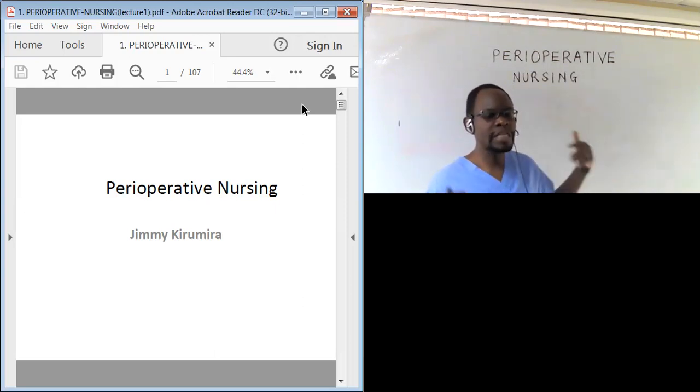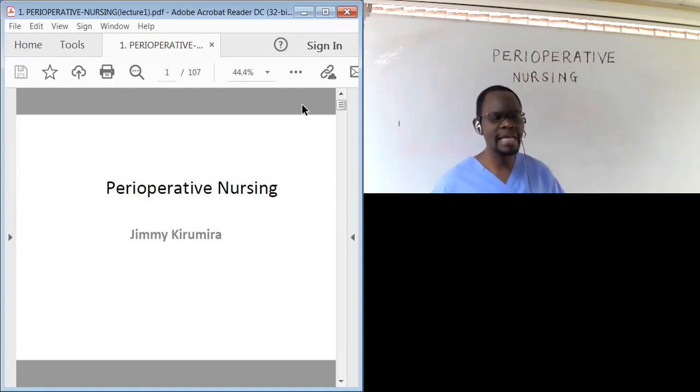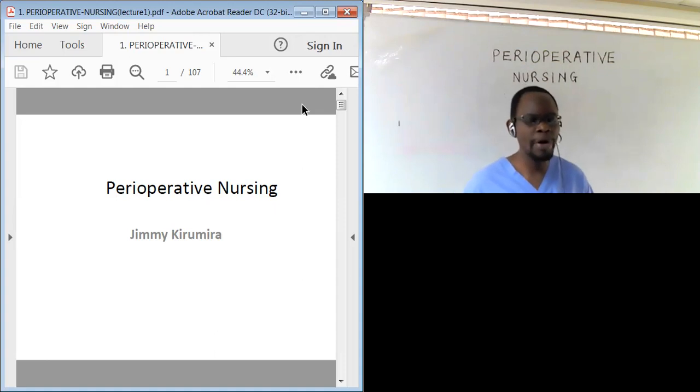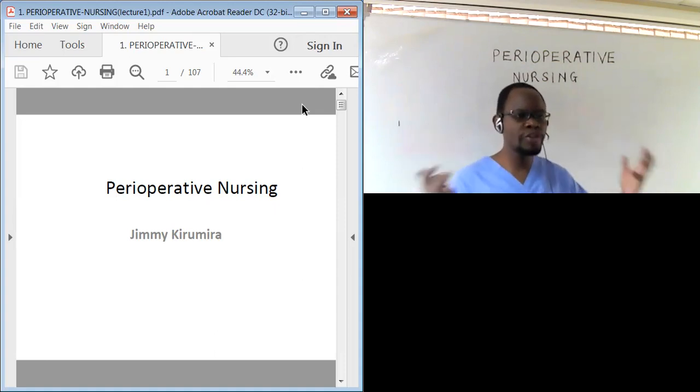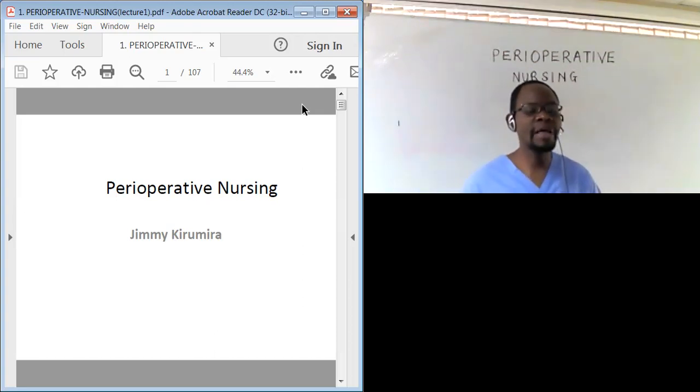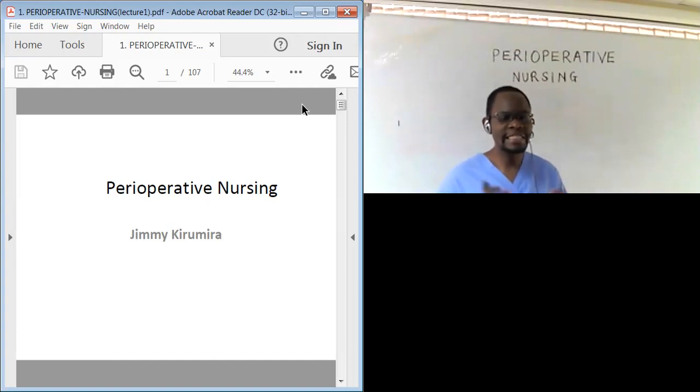In a few slides, we are going to go through these phases, and you should be able to appreciate that for any patient who is going to be operated upon, there is need for physiological monitoring, psychological monitoring, psychological support, and sociological support, especially for the patient, but also for the relatives or the family.